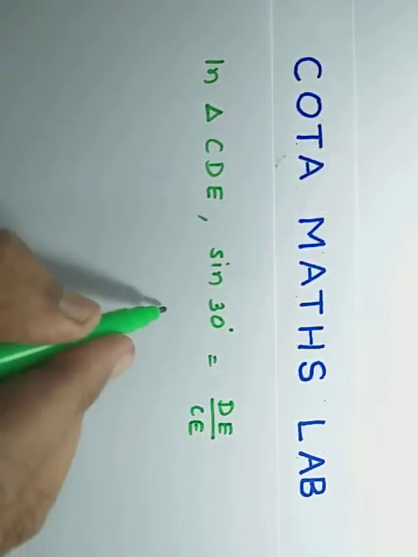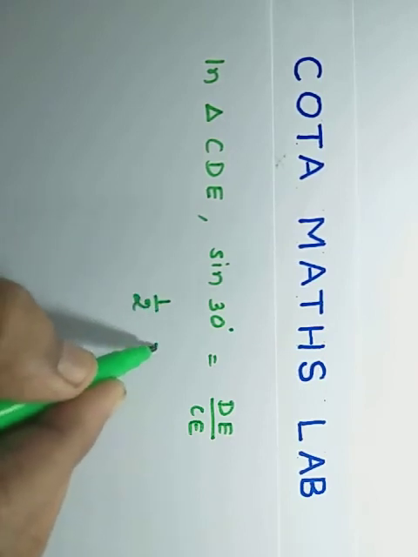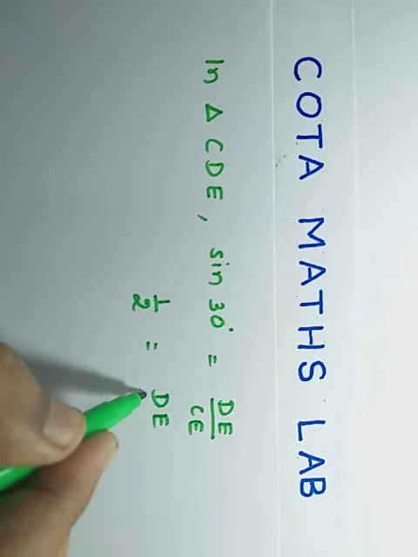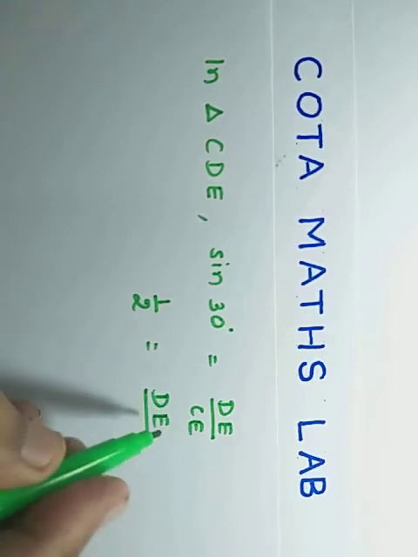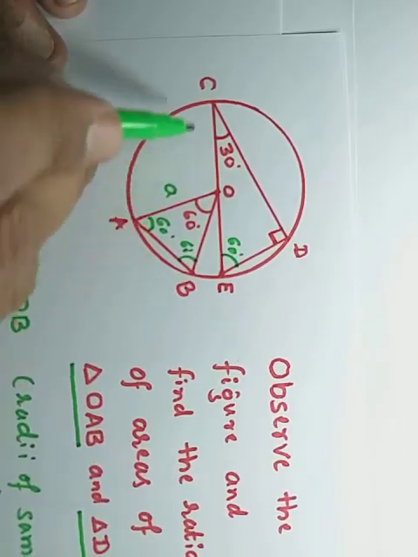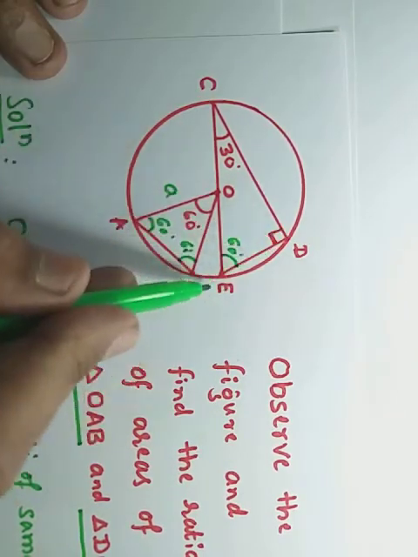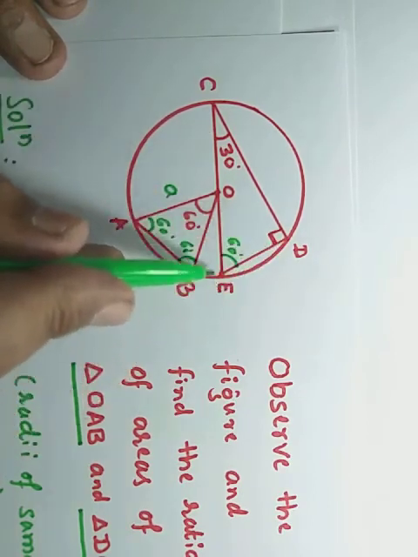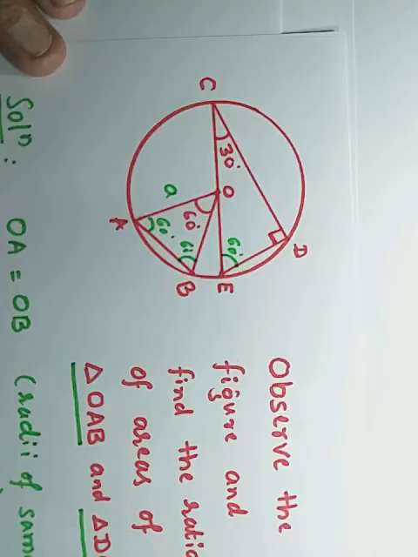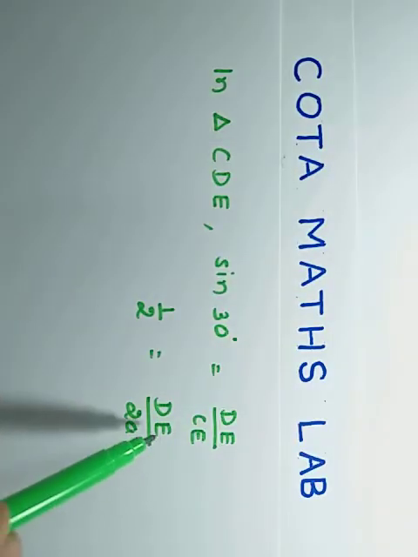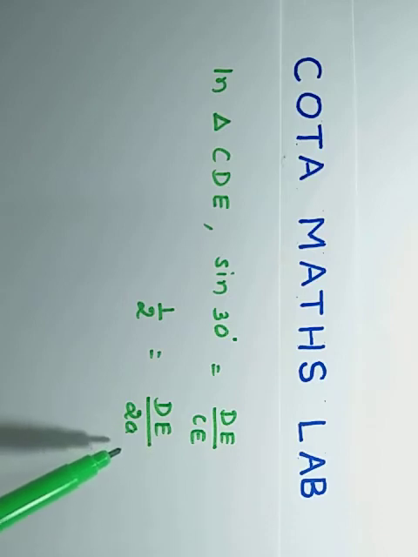Sine 30 degrees we know is 1 by 2, that is equal to DE, which is unknown, divided by CE, which means 2 times a, because CE is the diameter. So half is equal to DE by 2a.